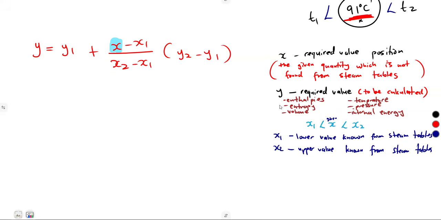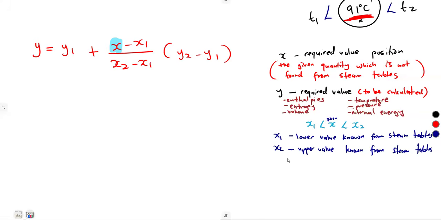So let's say you are dealing with the temperature. It means Y1 and Y2 will be temperatures. If you are dealing with the pressure, Y1 and Y2 will be pressures. If it is volume, Y1 and Y2 will be representing volume.